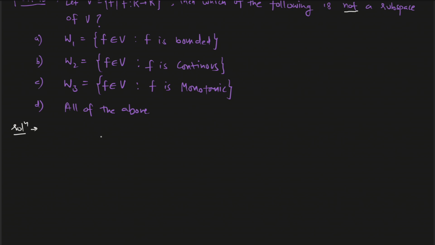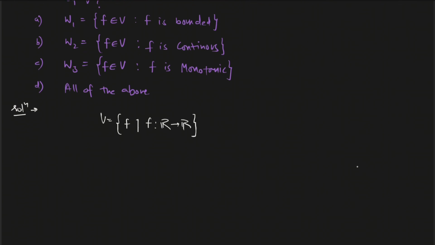So V is a vector space of all functions f which are mapping from R to R. Basically, real valued functions which have real value input and real value output.